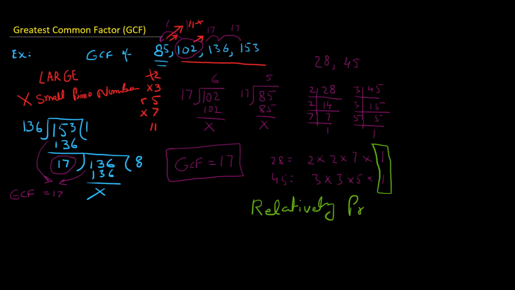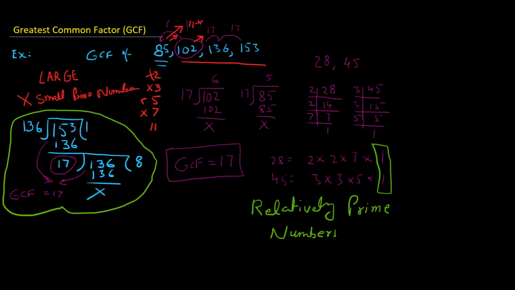There is a term used for these types of numbers. So they are called relatively prime numbers. So it means that there is no common factor except 1. There is no other common factor between these two numbers. So using this method, you can find the greatest common factors between large numbers if one exists.